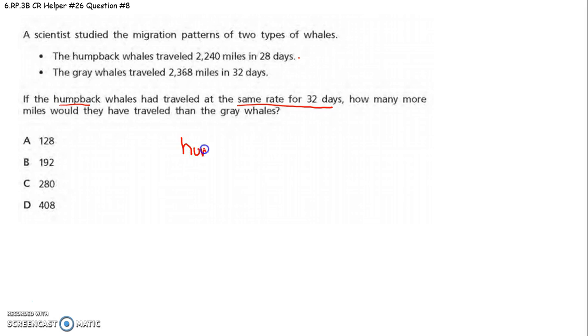Okay, so let's look at the humpback. You have to use your distance equals rate times time formula. So 2,240 miles is your distance. Your time is 28 days, and I'm looking for the rate.